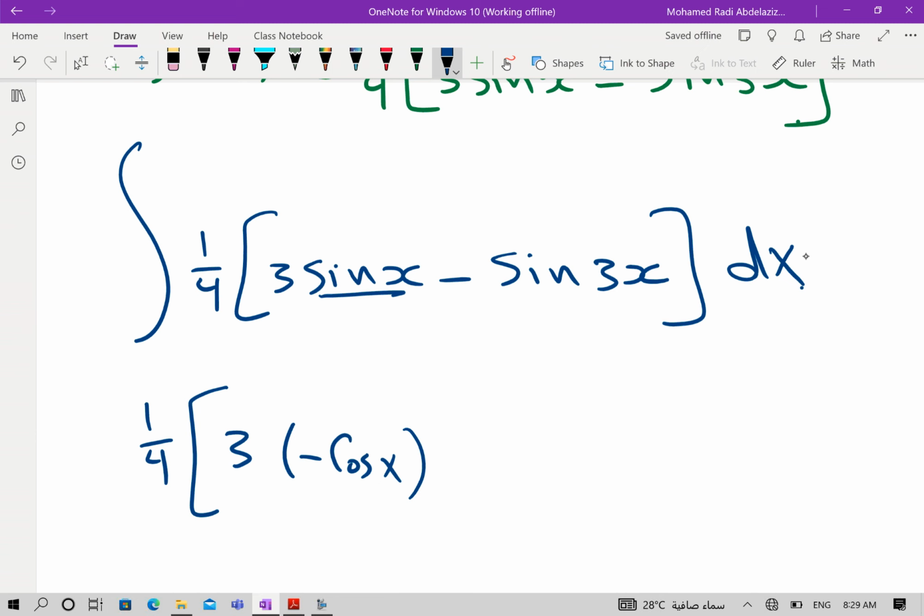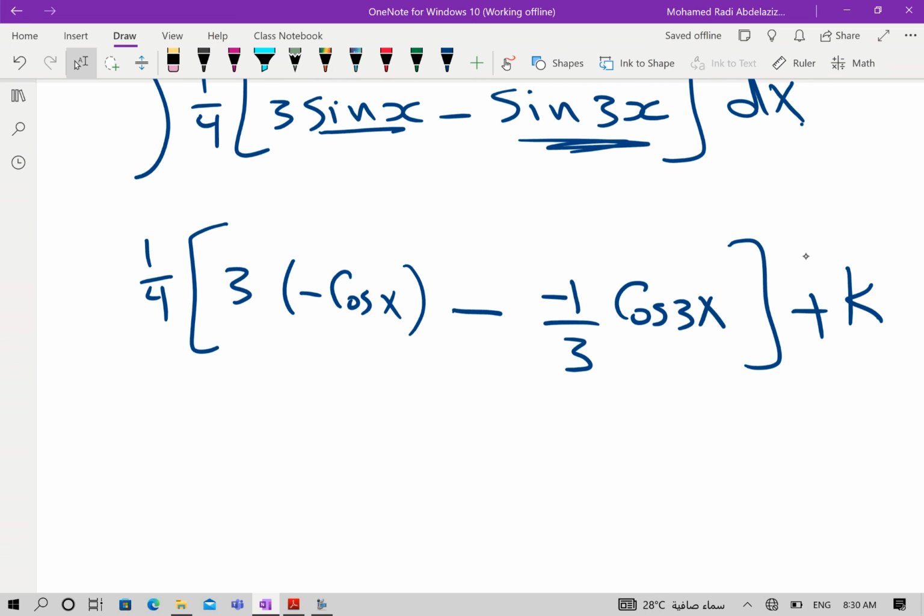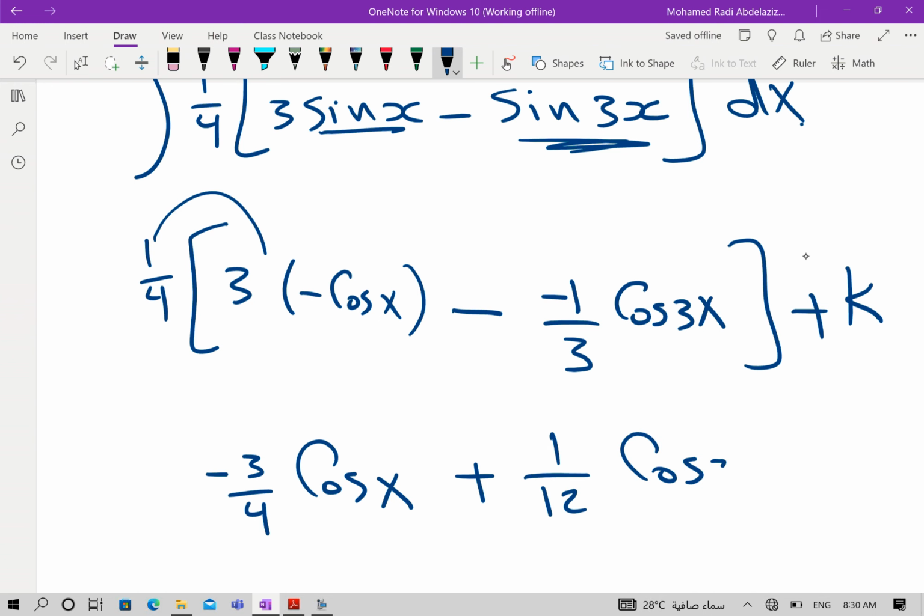Minus integrate of sine 3x, negative 1 over 3 cosine 3x, plus k. You can simplify: negative 3 over 4 cosine x, negative negative is positive, 1 over 12 cosine 3x, then plus k.